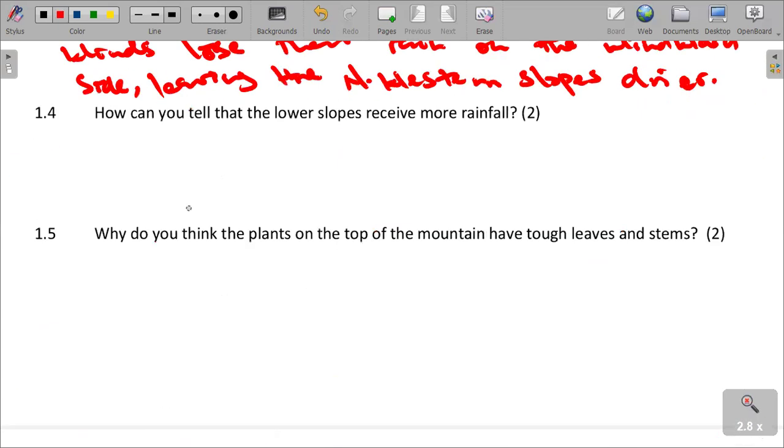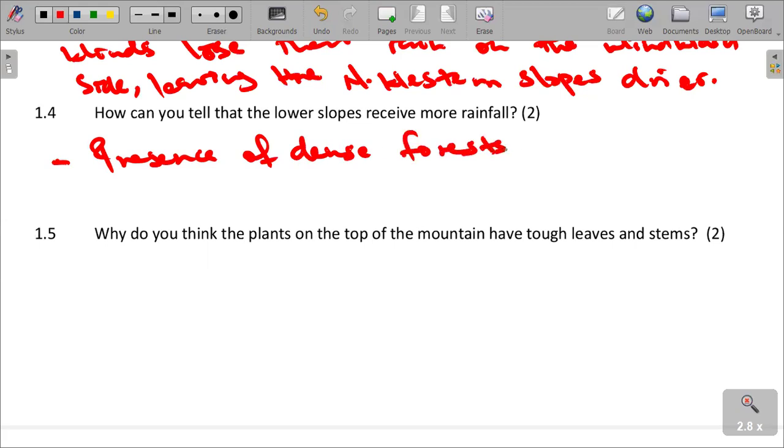That is how we can tell that forest determines rainfall. So we can say that they are covered with dense forest, which we can see there.